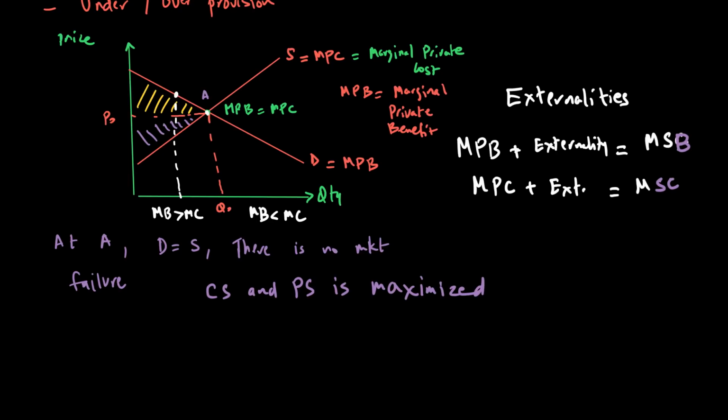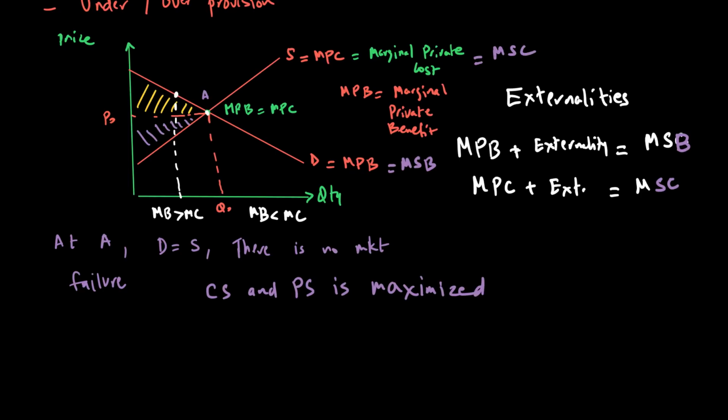In this scenario, in this diagram, guys, private cost and private benefit, because there was no externality, private benefit was equal to marginal social benefit and private cost was equal to marginal social cost.